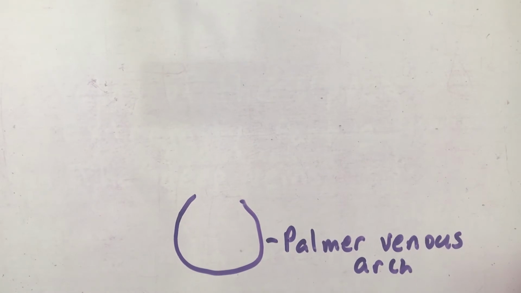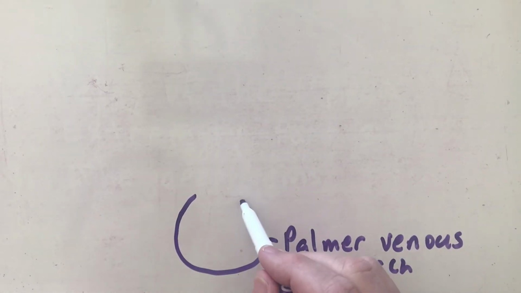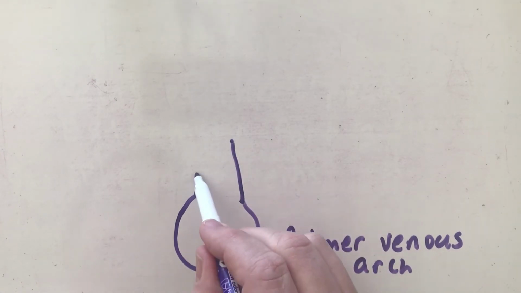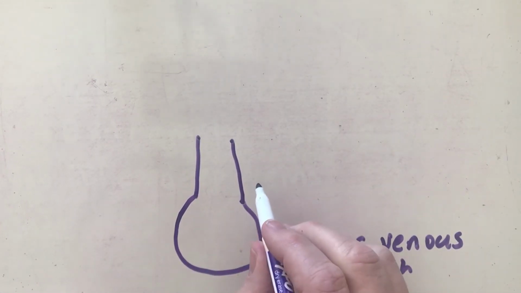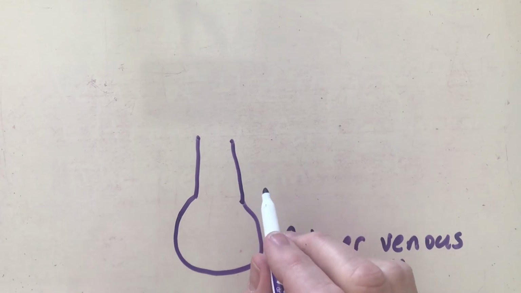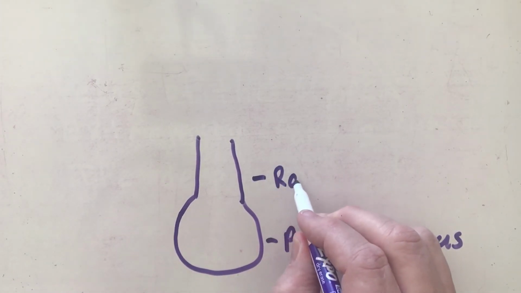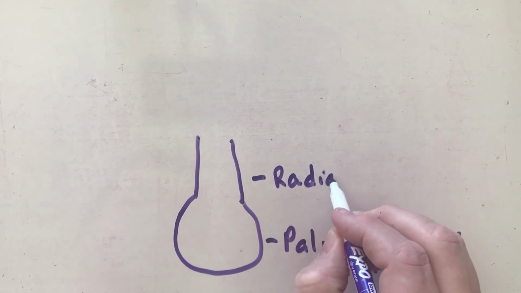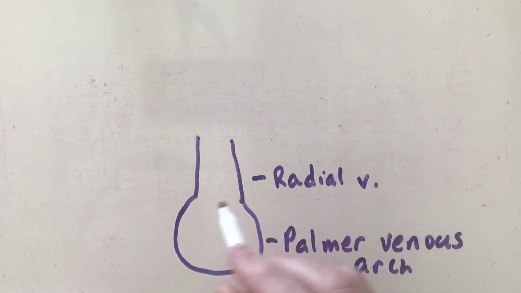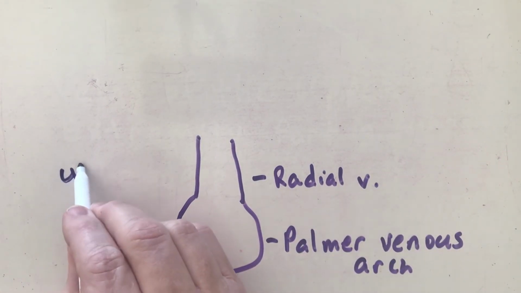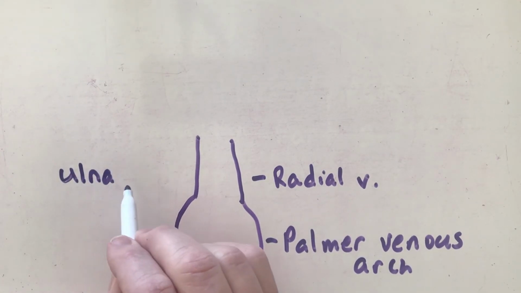This, like I said, is going to be a lot easier. Let's say this is my left hand. This would be my radial vein, and this would be my ulnar vein.